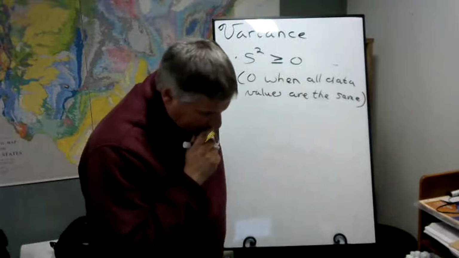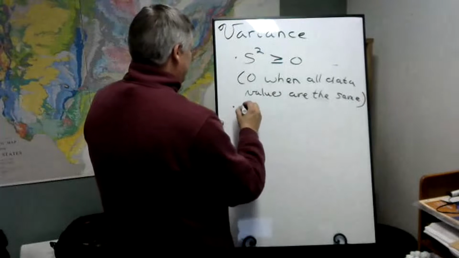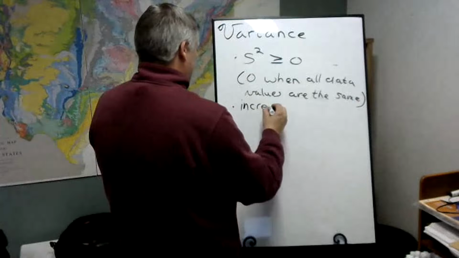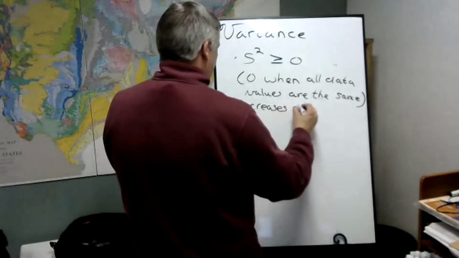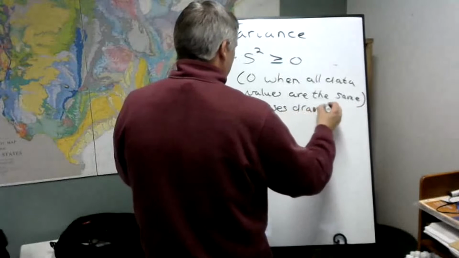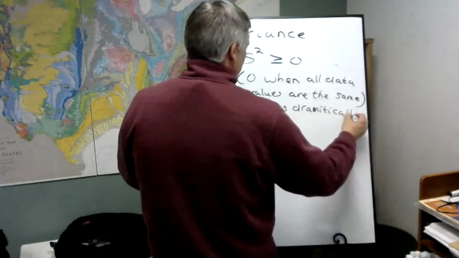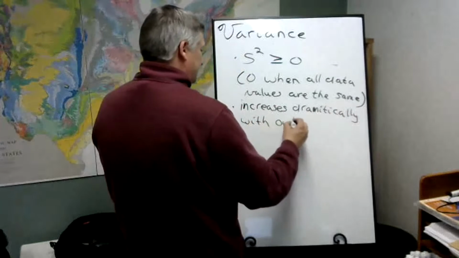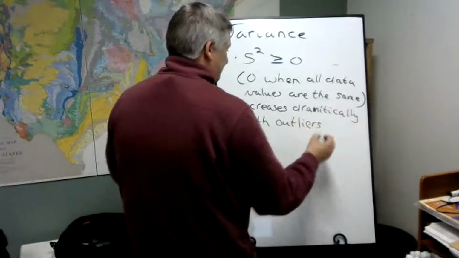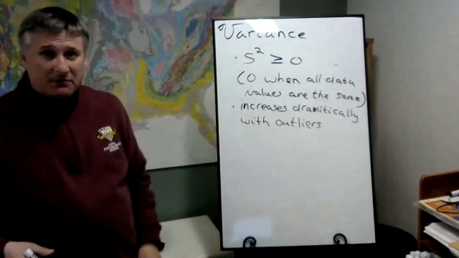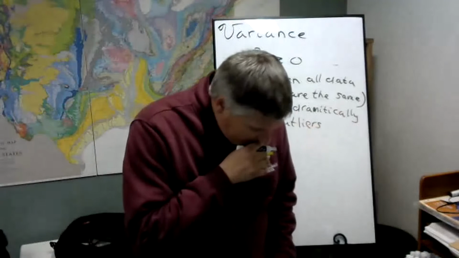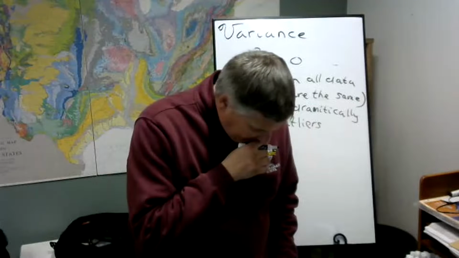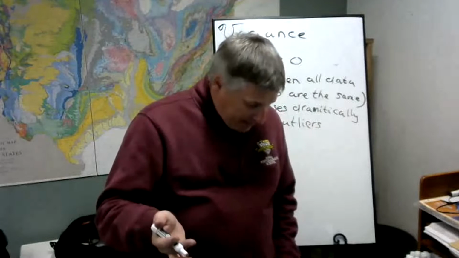It increases dramatically with outliers, just like standard deviation did. And it's an unbiased estimator. We've got that.